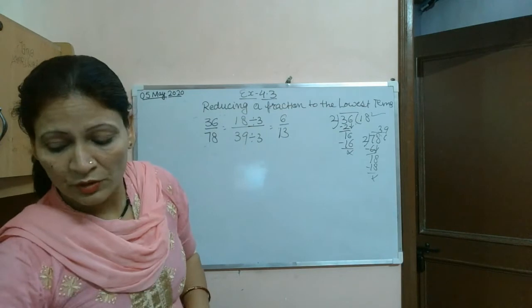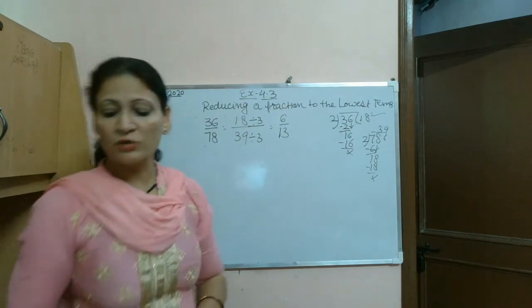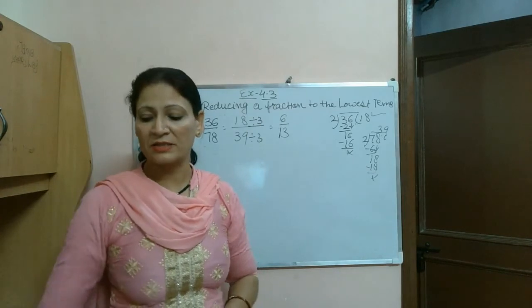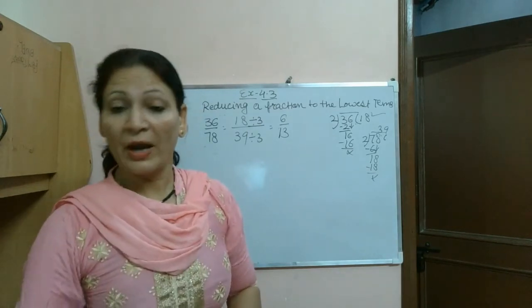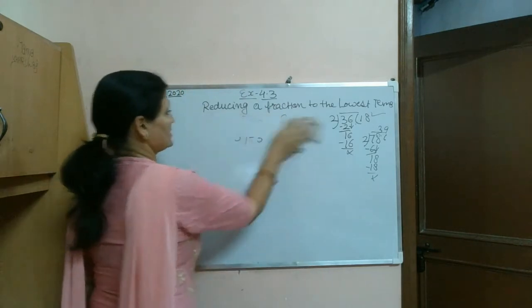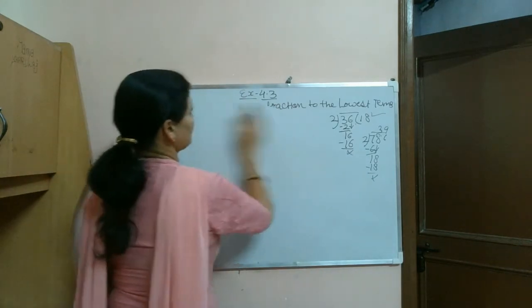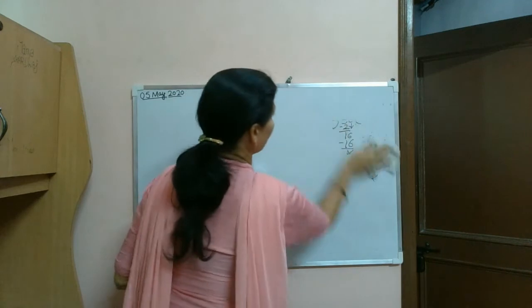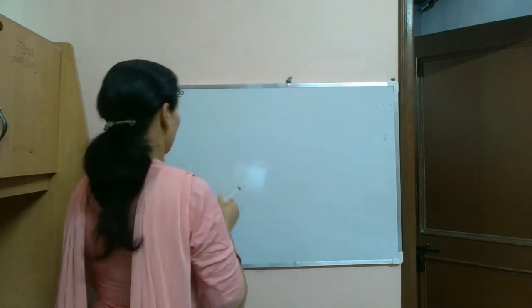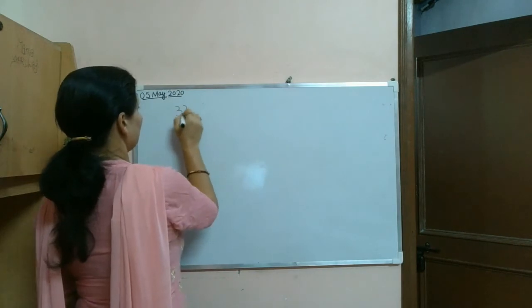Now question 2 is: reduce the following fraction into the lowest term by the HCF method. By the HCF method, you have learned HCF and LCM in chapter 3. So how to find by the HCF method?